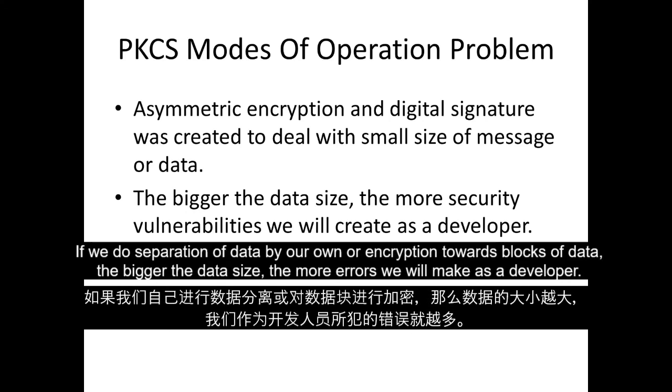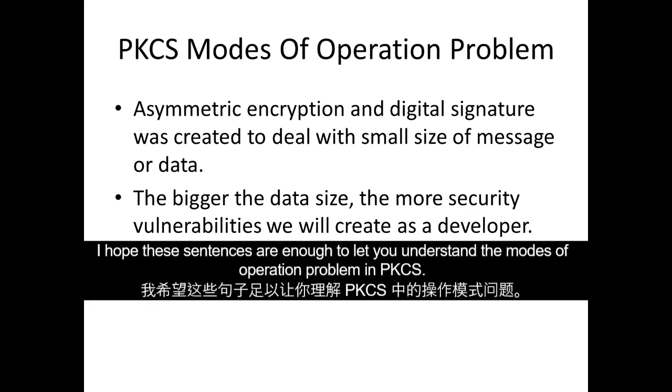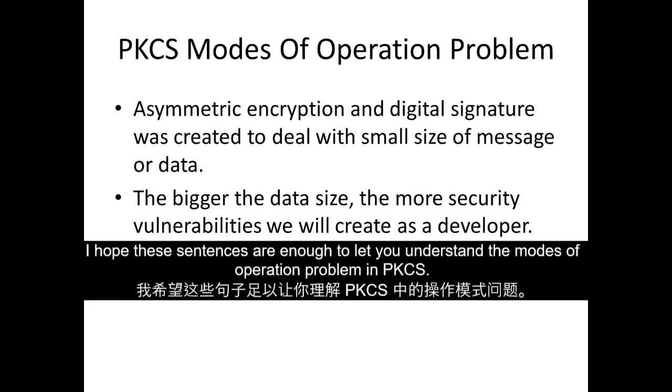If we do separation of data by our own, or encryption towards blocks of data, the bigger the data size, the more errors we'll make as a developer. I hope these sentences are enough to let you understand the modes of operation problem in PKCS.